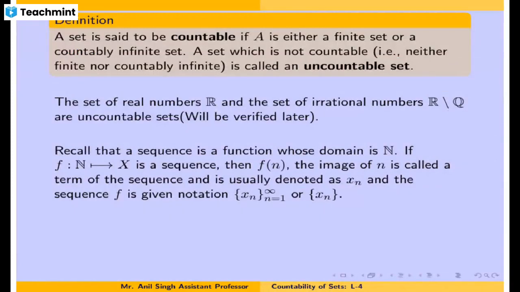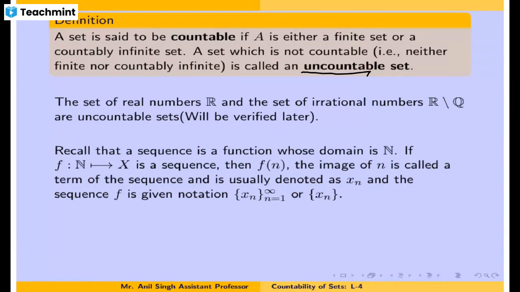Any set which is either a finite set or a countably infinite set is known as a countable set, and a set which is not countable is known as an uncountable set. For example, the set of real numbers and the set of irrationals are uncountable sets, but this requires a proof, further verification to establish that the set of real numbers is actually uncountable. This will be done at a later stage.